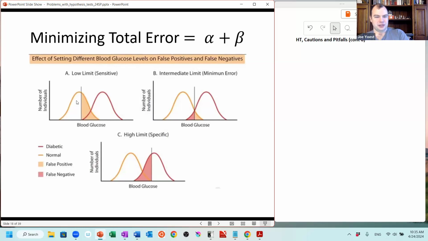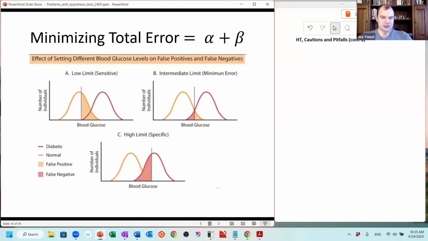And I can kind of see that if I look on the top left here, if I took this bar and I moved it just a little bit to the right, I would lose a pretty big chunk of orange and pick up a really small chunk of red. Or down here in the bottom, if I took this bar and moved it a little bit to the left, I would lose a very big chunk of that red area, and I would pick up a small chunk of orange area.